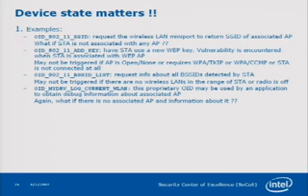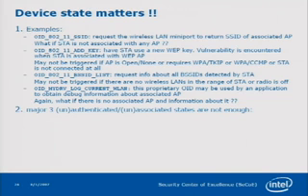Then the driver may support the proprietary MYDRV log current WLAN object identifier, used by an application to obtain debug information about the associated access point. Again, what if the station is not associated with any access point? The vulnerability is not triggered. So the three major states defined by the original 802.11 specification, based on the authenticated and associated states, are not enough.